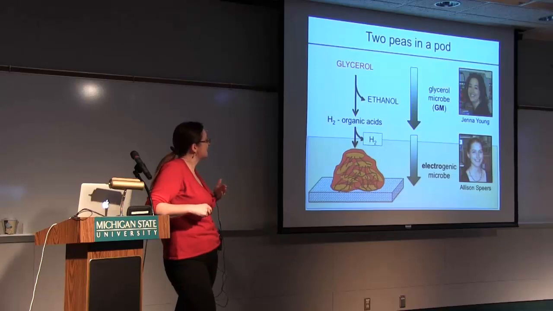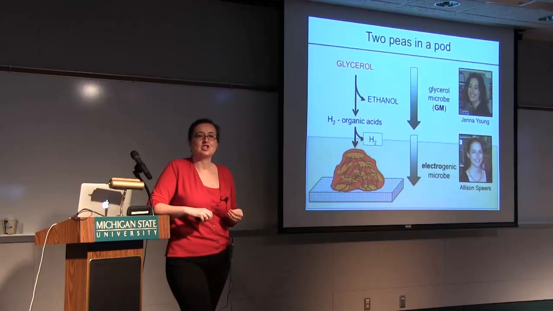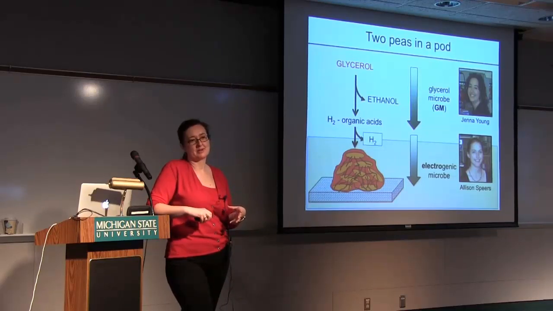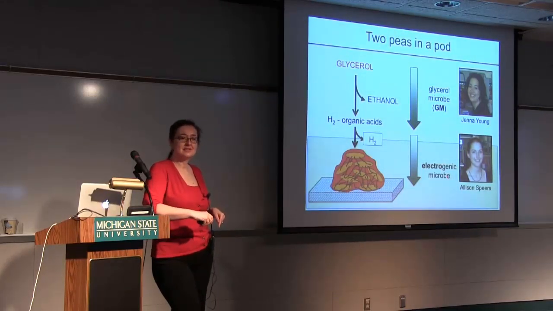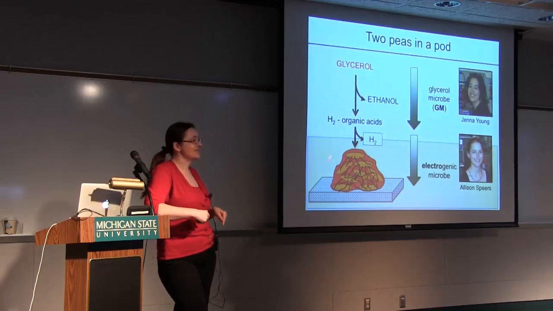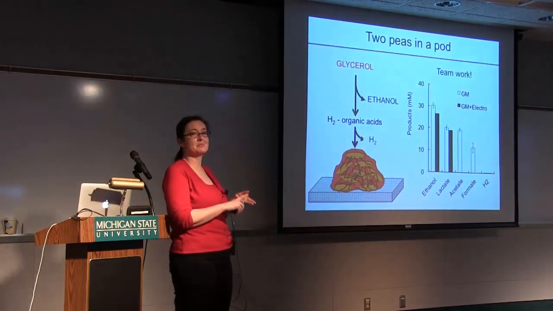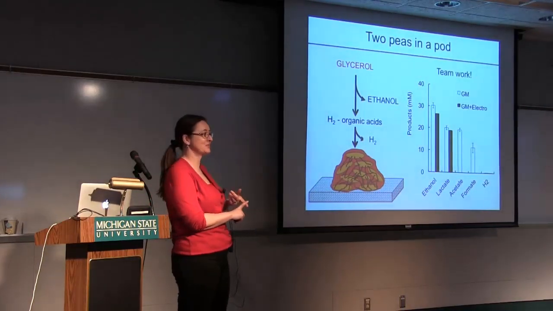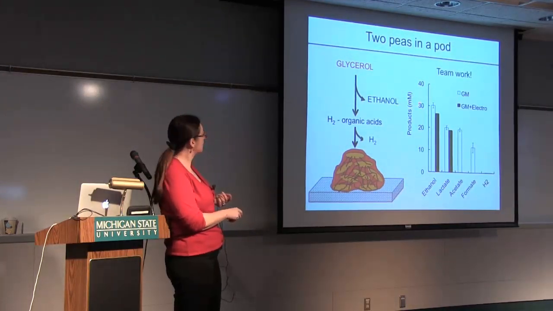So Gemma decided to work on identifying the glycerol microbe and optimize it genetically and at the genome level to make it the best possible microbe for our process. And Allison, another graduate student, took the task of getting this whole setup with the electrogen to do the matchmaking. And together they did something wonderful. This is just to see how teamwork works, both for the graduate students and for the microbes. When they put the two together and they compared with just the glycerol microbe alone, you can see the fermentation products.